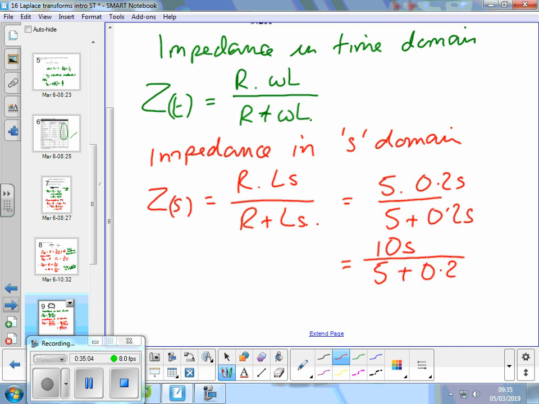No, you can't add them together like that. It's not 5s plus 0.2s, so you can't add them together. It has to stay like that.